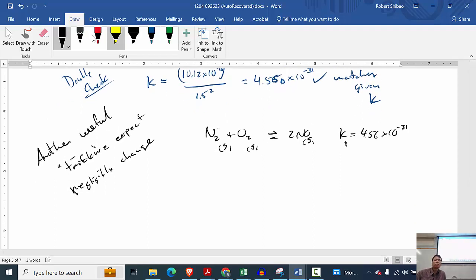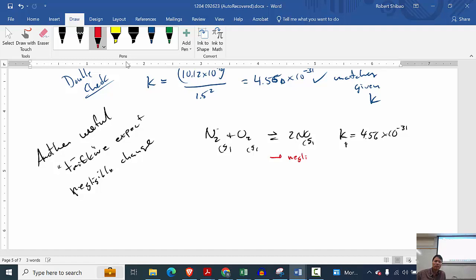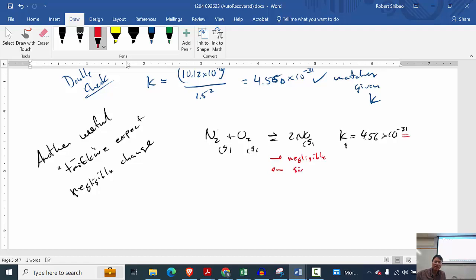And it depends on which direction the change is. If the change is forward, we call it negligible. We call it negligible because we don't expect much product. I mean, 10 to the minus 31. If the change is reverse, then it's significant. In fact, it should be huge.